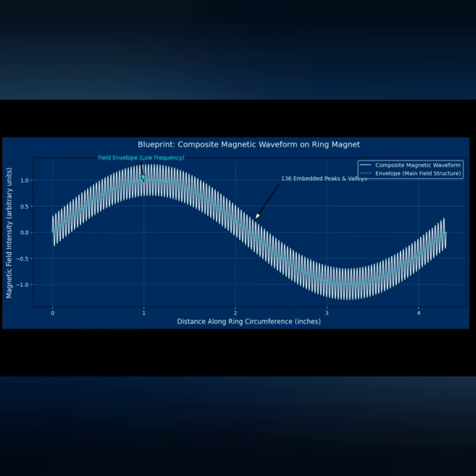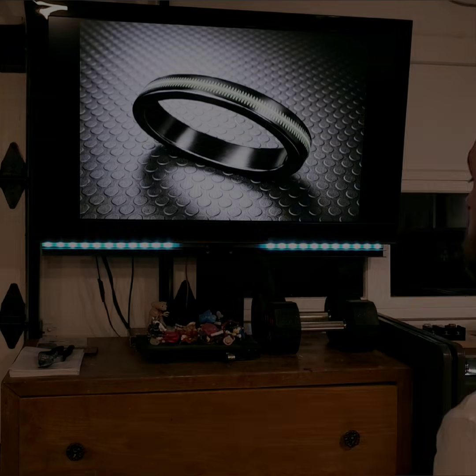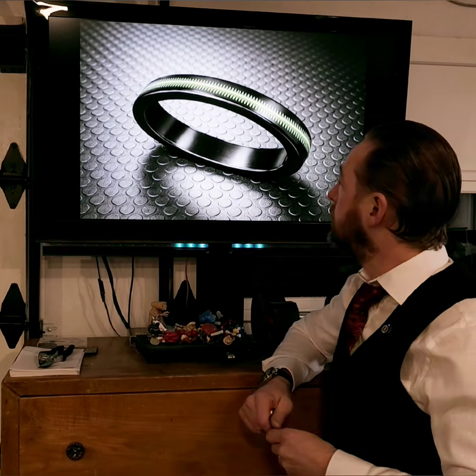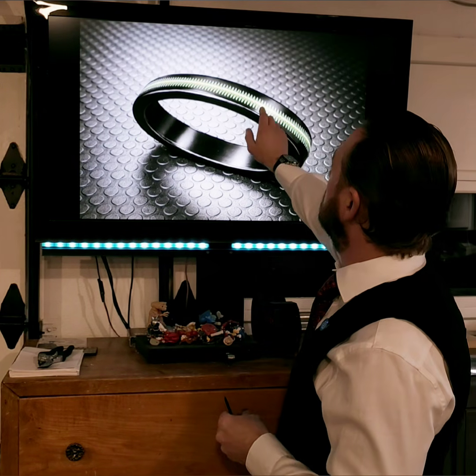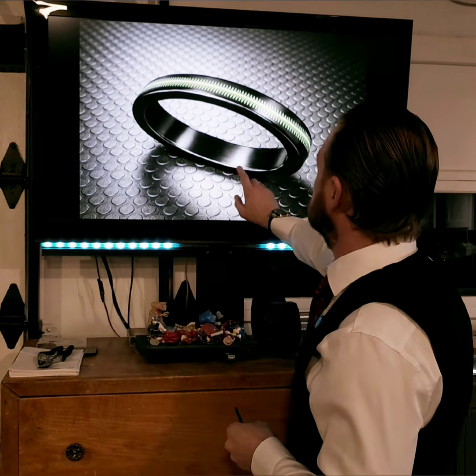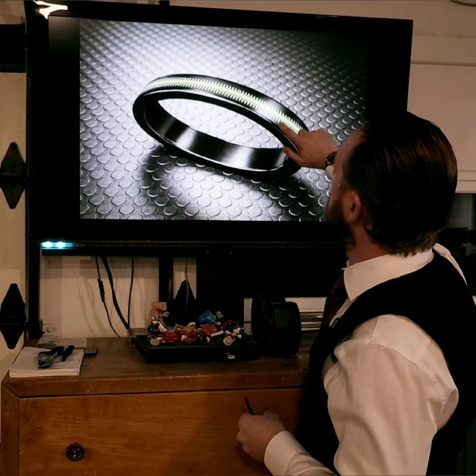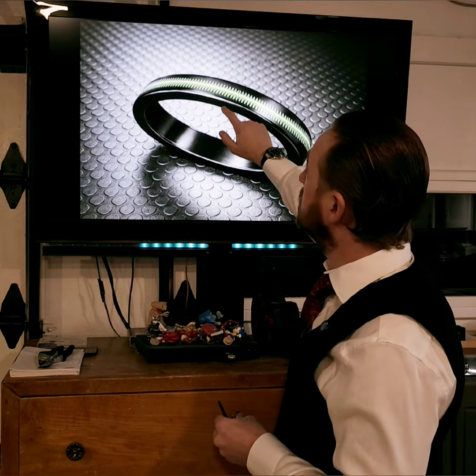And then the tiny little points are basically impressions going horizontally, or inside to outside, on the face. Okay, so this is getting to the brains of the magnetic field. You have the main carrier wave that goes around the entire circumference of the ring, and then these little micro spikes.